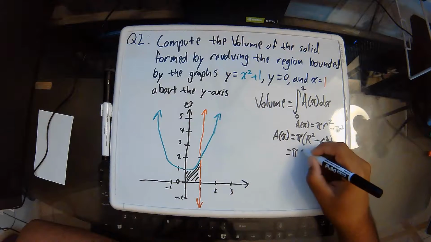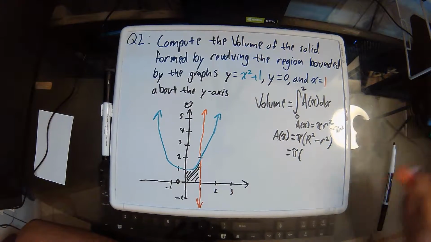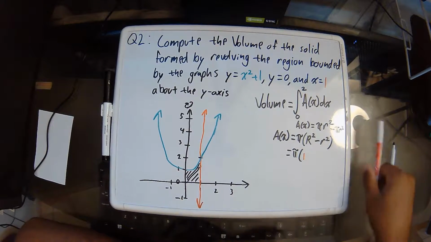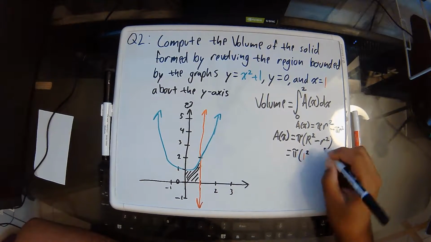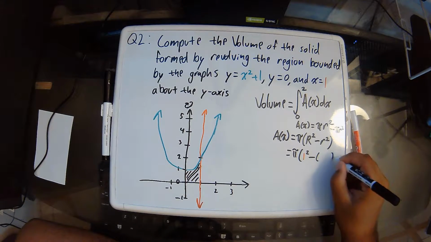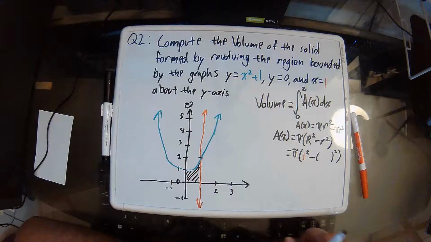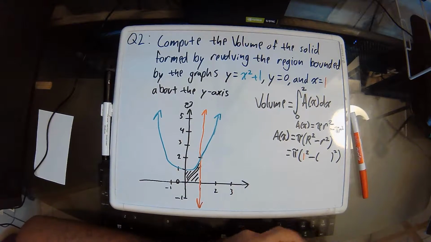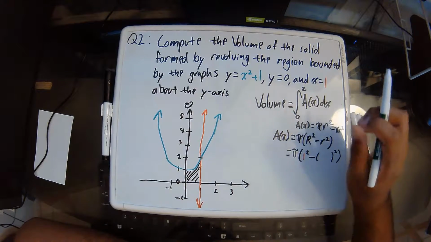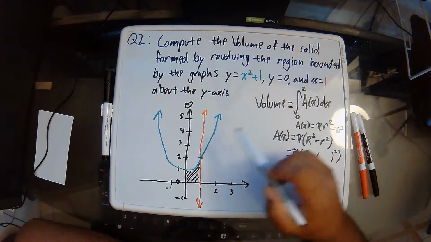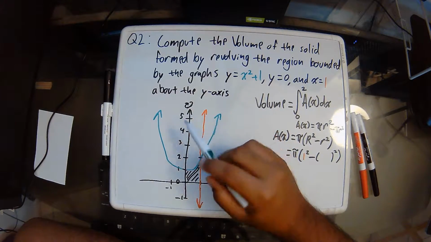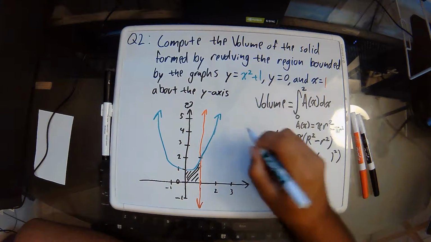It's equal to, the first radius is just 1. We're squaring that. Subtracted by another radius squared. Now that other radius is this graph. However, because we are rotating it about this y axis, we have to change this shape a bit.